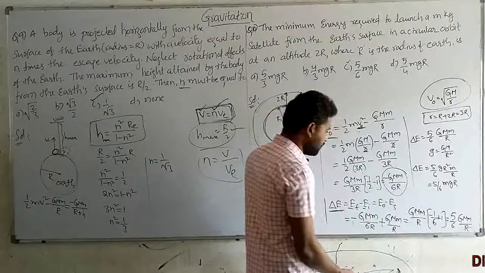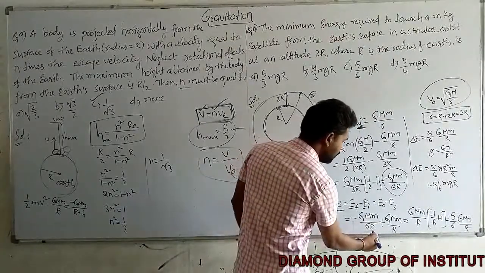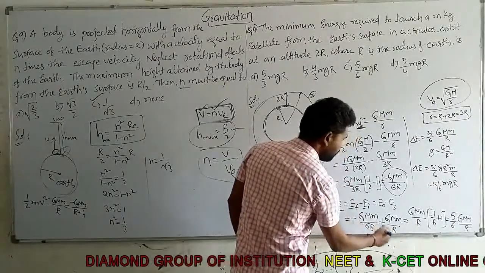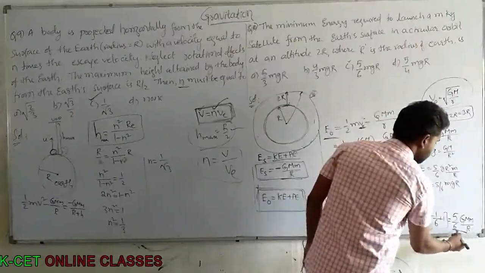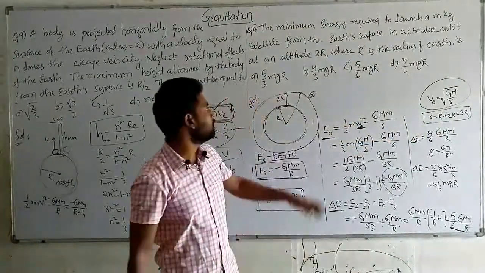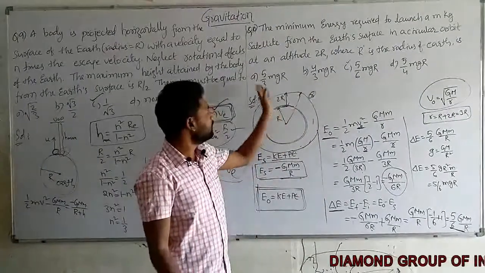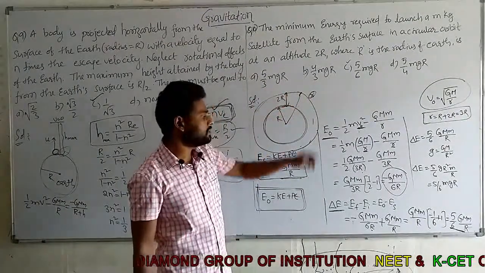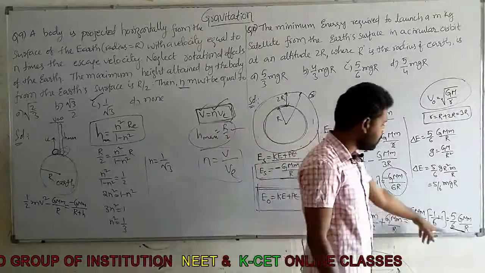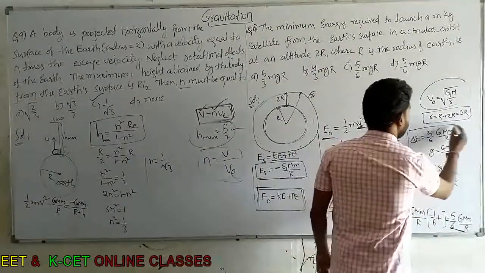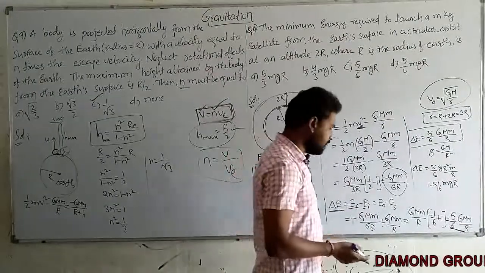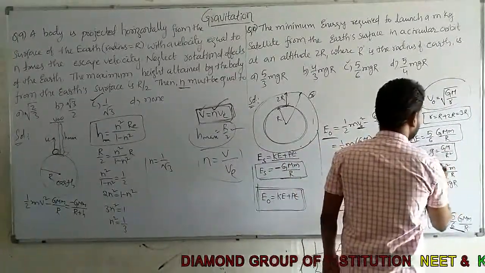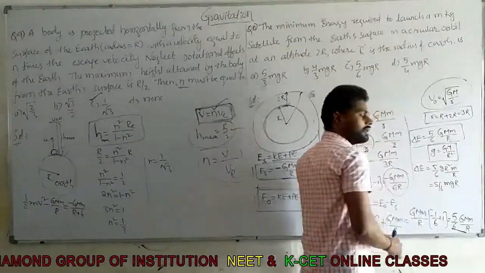So do the simplification. Taking GMm by R common, the first term has minus 1 by 6, the second term has plus 1. After simplification we get 5 by 6 GMm by R, but that is not in the options. We have to simplify in terms of small g. So delta E is 5 by 6 capital G M m by R. We already know the acceleration due to gravity, g equals GM by R square.